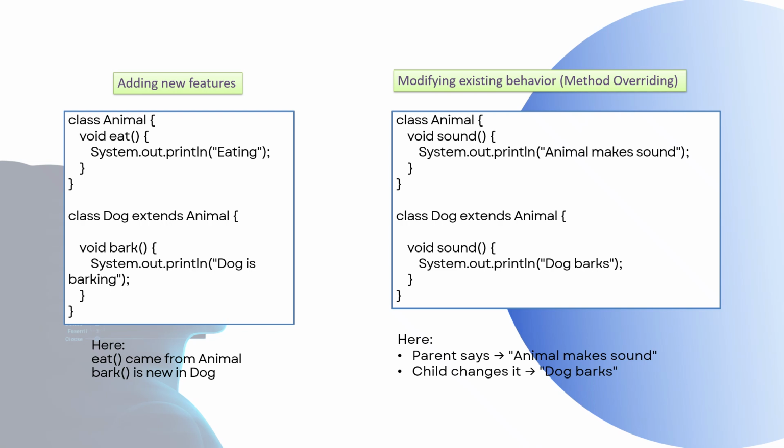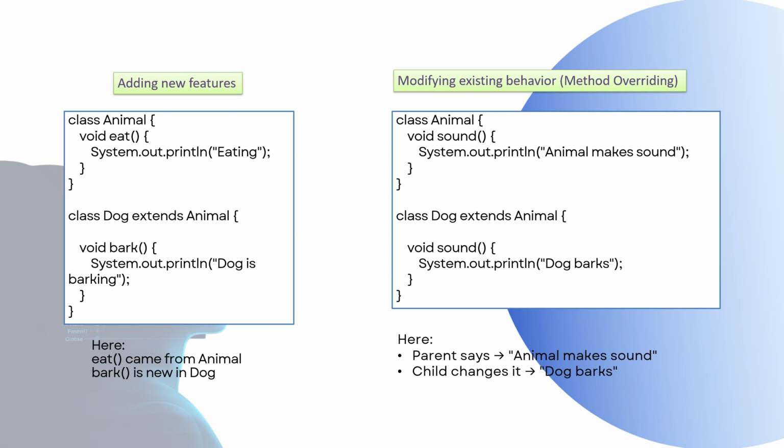Now in the main method, if we create an object like Dog d = new Dog and when we write d.sound, the method inside the child class will execute and the output will be "dog barks".